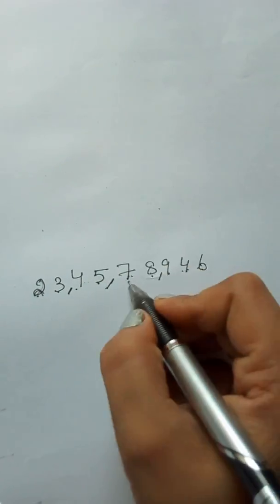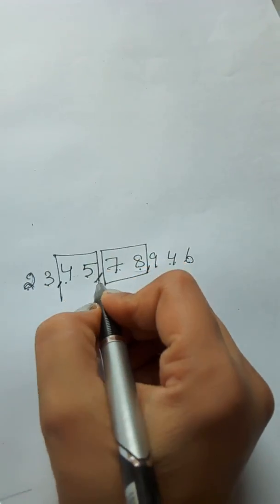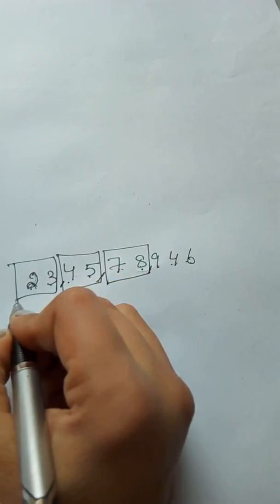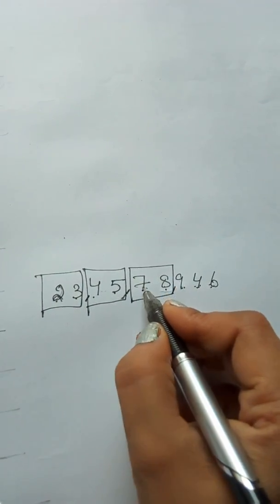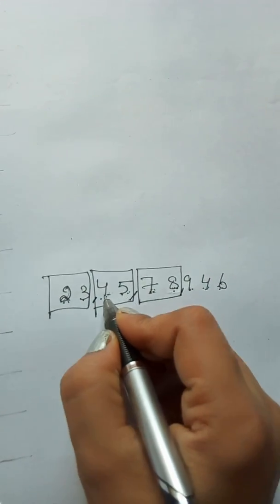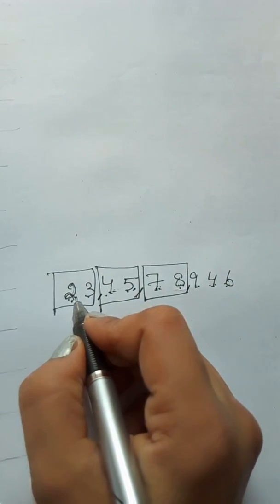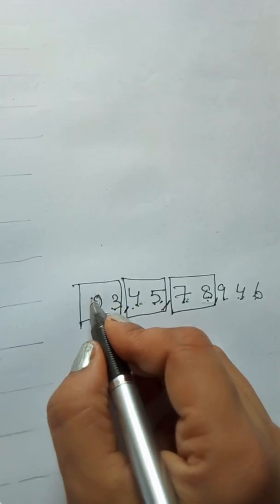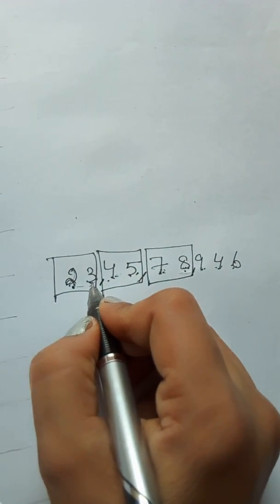Now in this number, this is the thousands unit, this is the lakhs unit, and this is the crores unit. Ones, tens, hundreds, then the thousands unit, this is 78 thousand. This is the lakhs unit, this is 45 lakhs, and this is the crores unit, where we take 23 as a unit, called 23 crores.